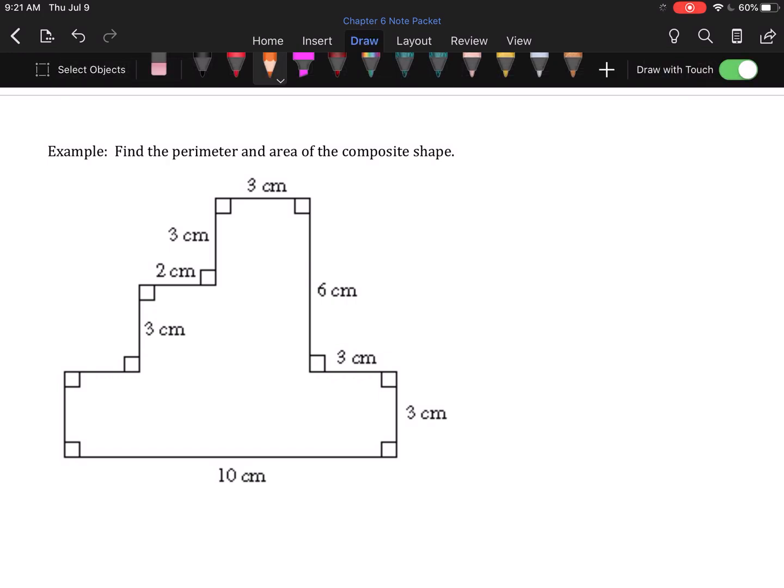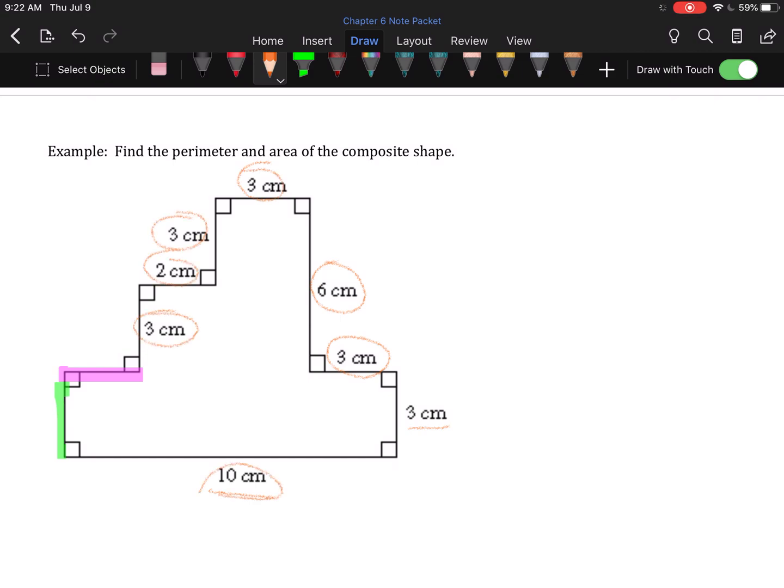So, perimeter. Let's see, what sides don't I know? I don't know... Nope. I do know that. I don't know this bit. And I don't know this bit on the outside. Everything else I know, right? Bottom is 10, this side is 3, this chunk is 3, this chunk is 6, 3, 3, 2, 3.